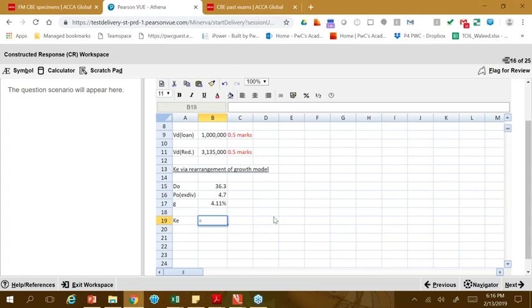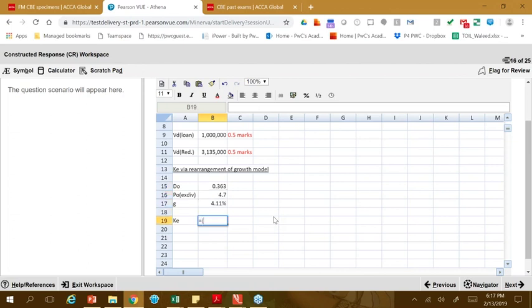Now, once we've got the 4.11% growth, I'm going to use the rearrangement of the growth model calculation to find the KE, and that will be the D0, which is B15, into, okay, you can just put the dividends as 0.363 because we are working the share price in dollar terms. So the dividends have also got to be in dollar terms, 0.363.